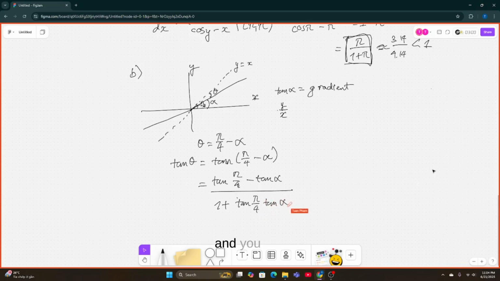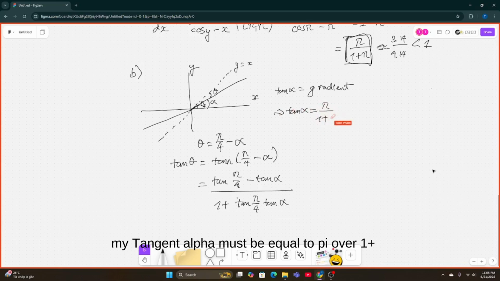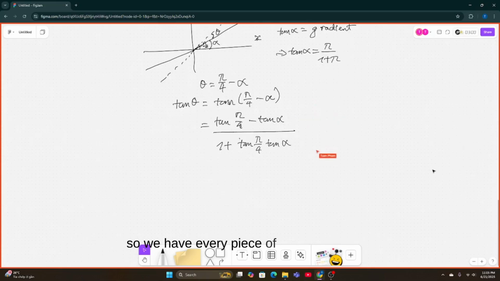And tangent of alpha is equal to the gradient. Alpha is the angle between the tangent line and the x-axis, so my tangent alpha must be equal to pi over 1 plus pi. So we have every piece of information here. We're going to substitute in and solve.